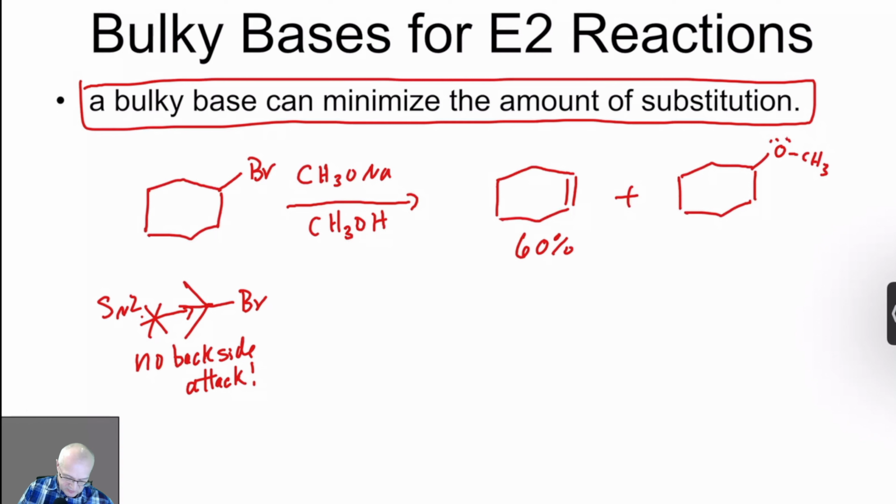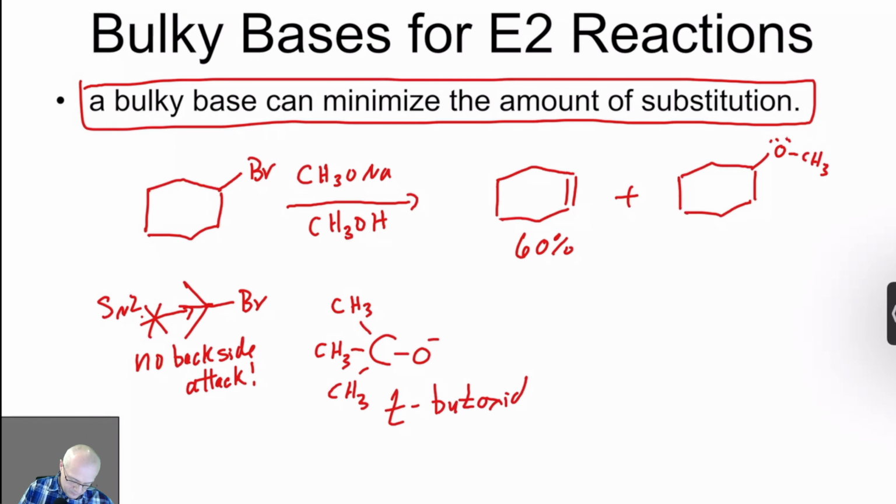And what are some examples of bulky bases? Well, the most common one, or one of the better ones, at least in my opinion, is t-butoxide. T-butoxide has a big old bunch of bulk here.